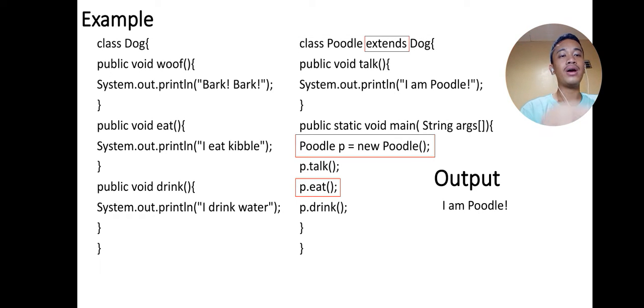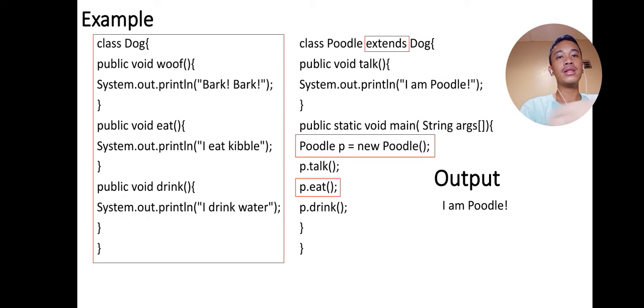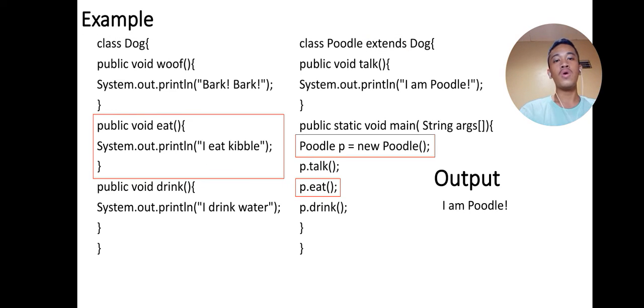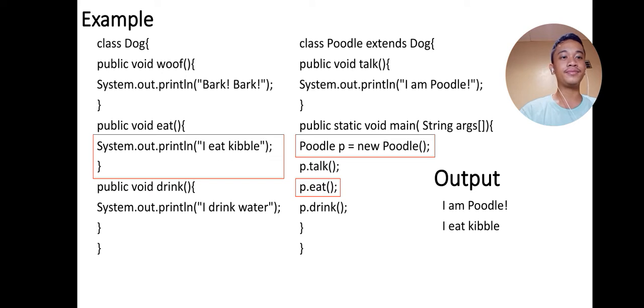But since we have the keyword extends here, which means to inherit, our class Poodle will inherit the attributes or methods under our class Dog. Therefore, it will trigger our class Dog, and it will access a public void eat method, and it will perform and print "I eat kibble."